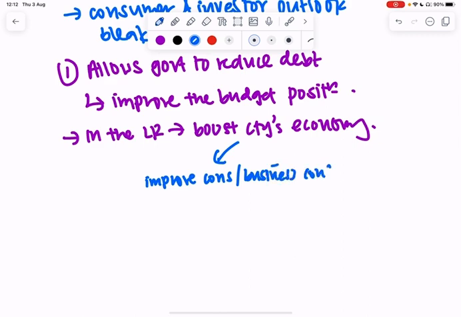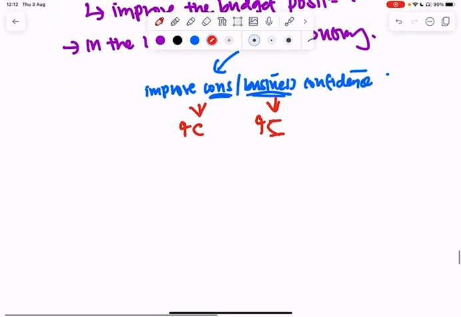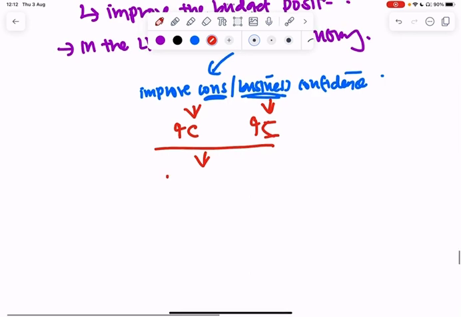And we know that when there's improved consumer confidence and business confidence, this will lead to a rise in C and a rise in I. And these together, as they are components of the AD, will lead to actual economic growth.